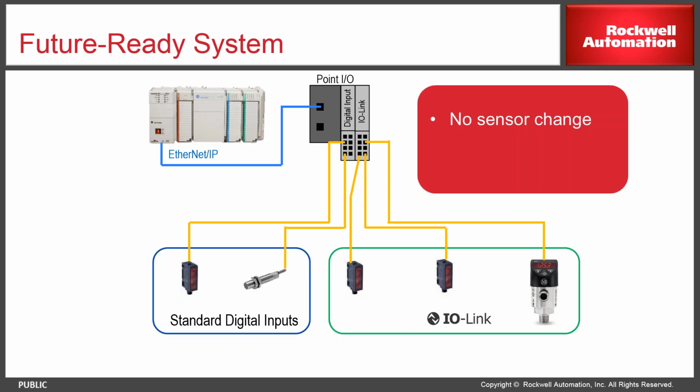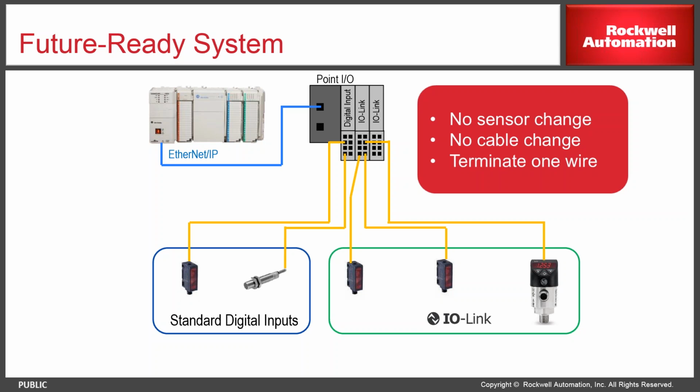Furthermore, if all 4 of the channels of the IO-Link master were already being used, then it is simple to add an additional IO-Link master to the existing POINT I/O rack. So altogether, by simply utilizing the Rockwell Automation IO-Link enabled sensors today, even when connecting these sensors to the standard digital inputs, an application can easily be updated to an information-enabled architecture in the future.